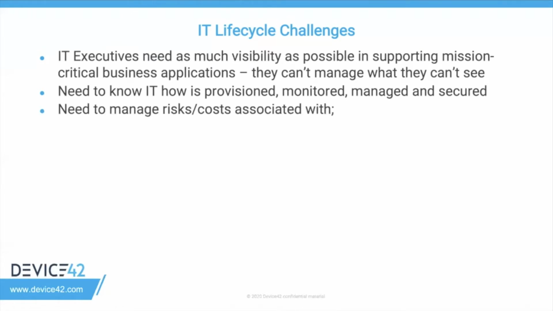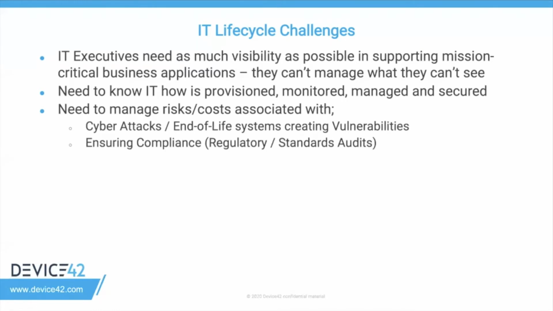They need to be able to manage the costs and risks associated with activities such as security around cyber attacks, perhaps managing end-of-life systems to ensure regulatory compliance against things like PCI or SOX. They may also need to manage the risks and costs associated with licensing and cloud to ensure full optimization.